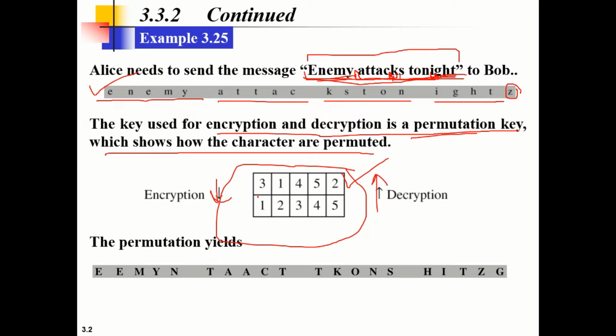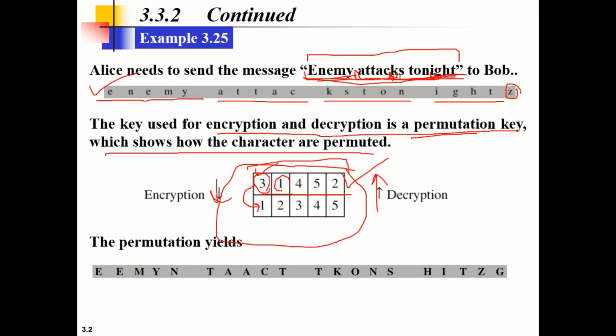Here you can notice that the size of the key is equal to the size of the block, which is 5. This key tells you how to change the positions of the letters of the plain text to create the ciphertext. It says that the third character of the plain text will be the first character of the ciphertext.